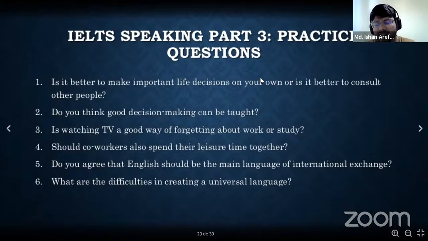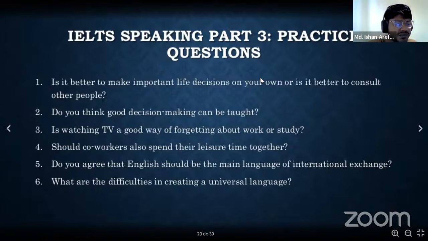For example, in this question, if you do not start with a yes or no answer, then the examiner will think that you haven't understood the question at all. So showing the examiner that you have understood the question well is very important. So for answering this kind of question, please start with an affirmative or negative impression.